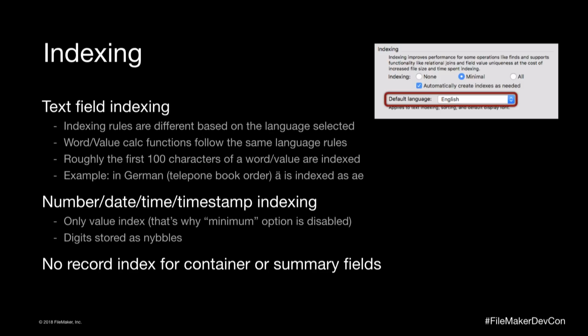Which works out to be roughly usable for 100 characters, because in this German example, if you switch the default language to German, whenever there's an A with an umlaut over it, that actually gets indexed as A and E separately, because that's how their sorting rules work and how their telephone searching rules work.